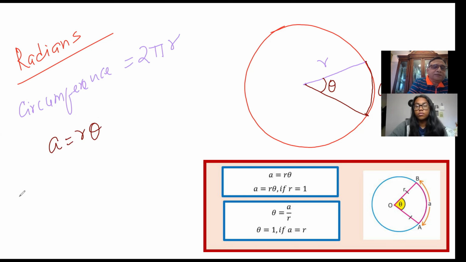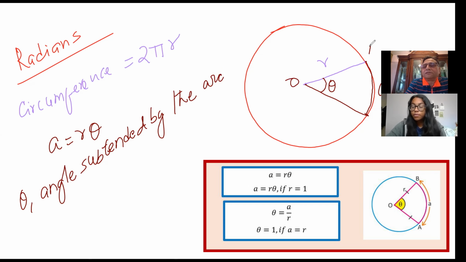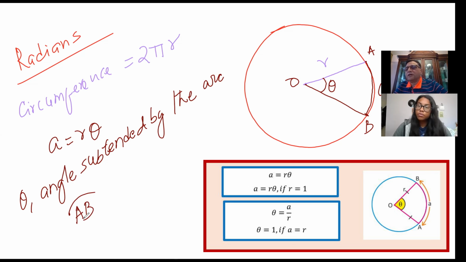You see, theta is the angle subtended by the arc. So let's say this point is O and these are A and B. So this arc will be called arc AB. That's the way to write down the arc.